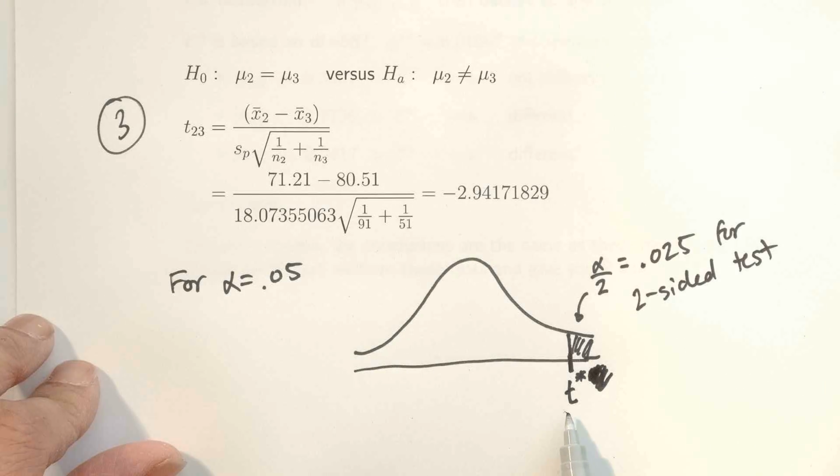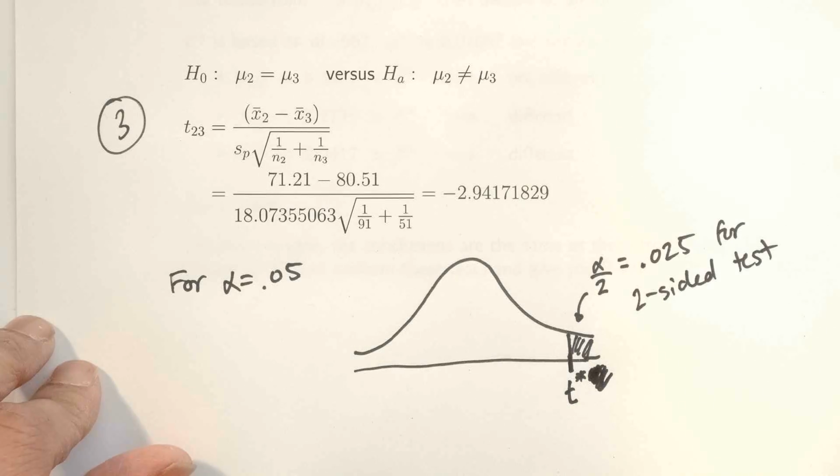And note, if our test statistic value was greater than this t-star, then we would be somewhere inside this critical region. And so although I don't know what the p-value is, I know that it's going to be smaller than my alpha level. On the other hand, if the test statistic value was less than my t-star, again, I don't know what the p-value is, but I do know that it is greater than 0.05.